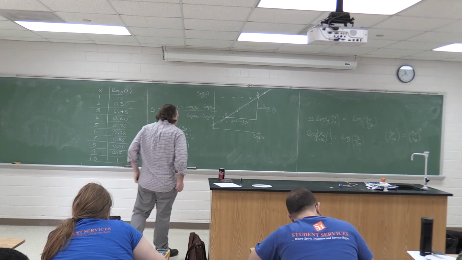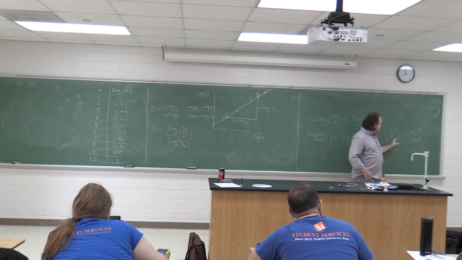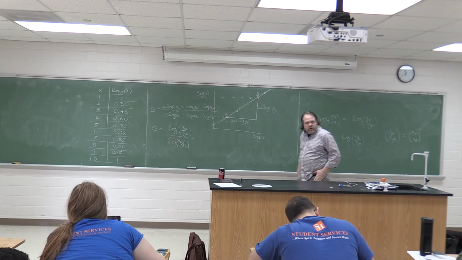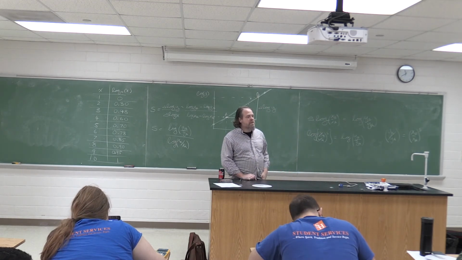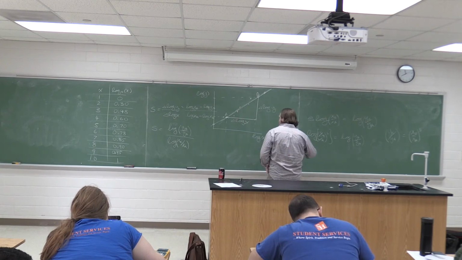So, for example, if you hypothesize that you have two variables that might be related to each other by a power law, but you don't know what that power is, a fantastic way to figure out what that power is, is to plot both of them on a log plot. Let me give you an example.